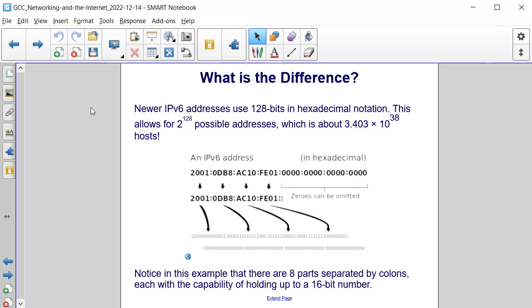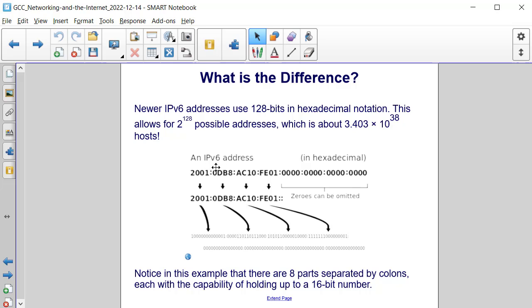Now, the newer IP version 6 addresses use 128 bits in hexadecimal notation. This allows for 2 to the 128th power possible addresses, which is about 3.403 times 10 to the 38th power hosts. That's a lot more than where we were at with IP version 4.